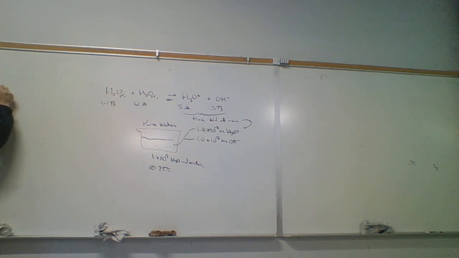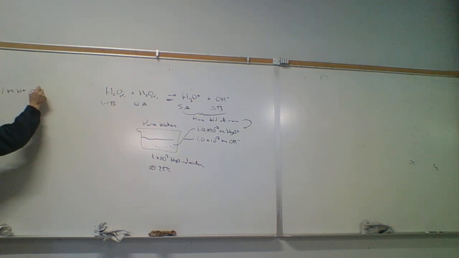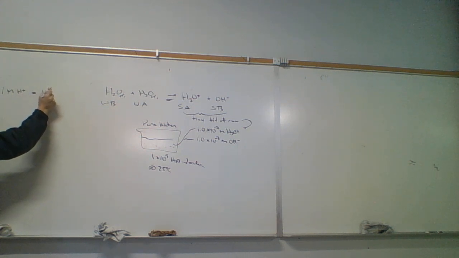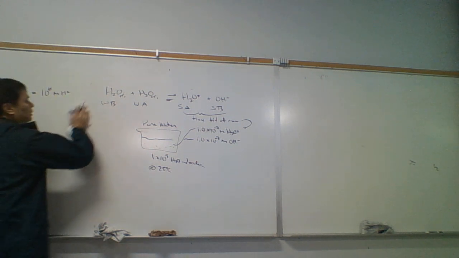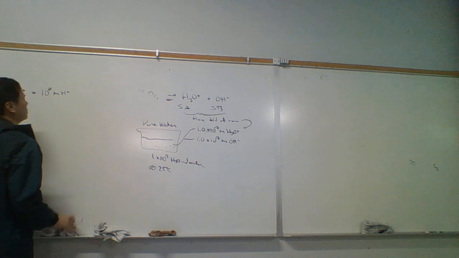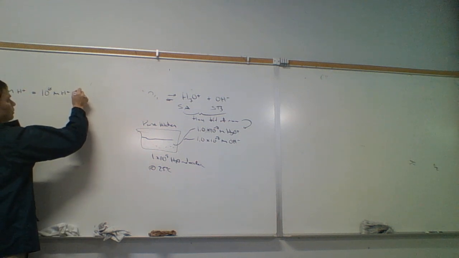Let's say I have 1 molar H plus. Then the power is this. It's 10 to the 0th power molar H plus, and then the pH is equal to 0.